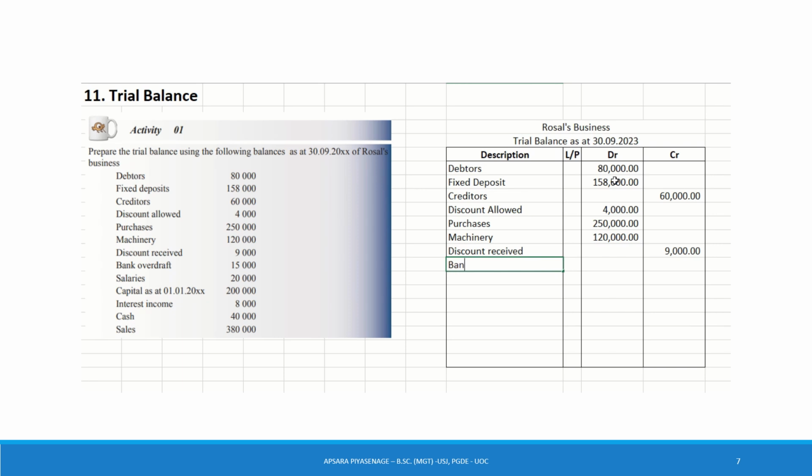Bank overdraft. So what is a bank overdraft? Bank overdraft is given for the current account holders. Current account holders means, earlier I said we can have three kind of deposits in a bank. Say normal savings account, fixed deposit, and the other one is the current account.